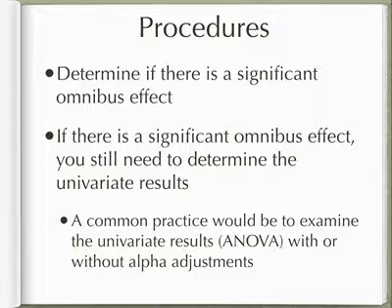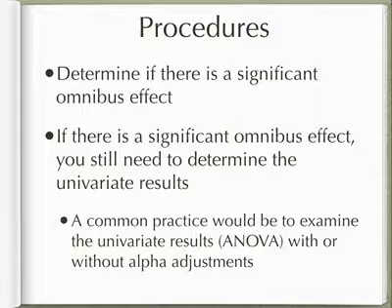So the procedure, as I indicated, is first we determine the effects at the multivariate or omnibus level, and then if there are significant omnibus effects, we still have to look at the univariate results to see more specifically where the significant results are within the 3 or 4 or 5 dependent variables and the independent variables that are part of your analysis.